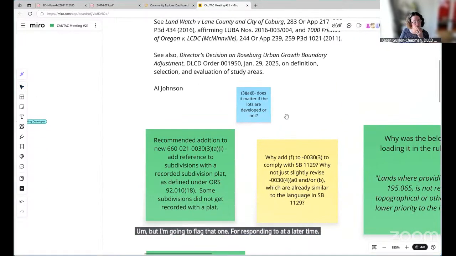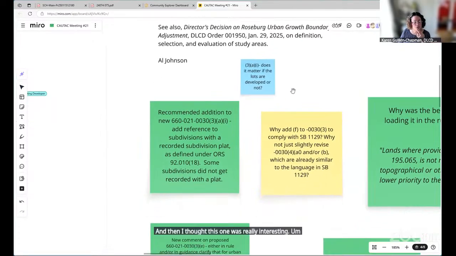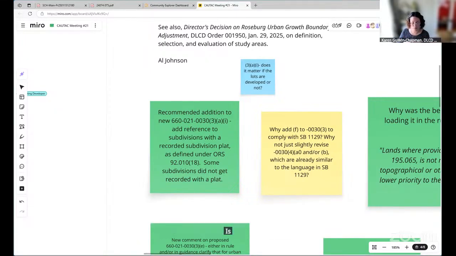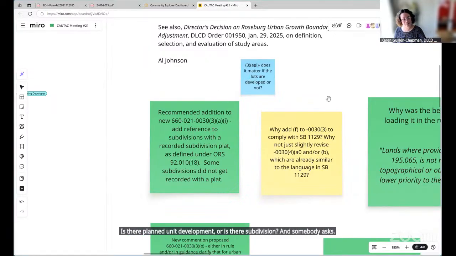And then I thought this one was really interesting. So I mentioned that in the draft rules that you all looked at, there's a provision to differentiate. There's an amendment to the rule to differentiate more developable land based on whether there is a planned unit development or a subdivision. And somebody asks here, does it matter if it's developed or not?